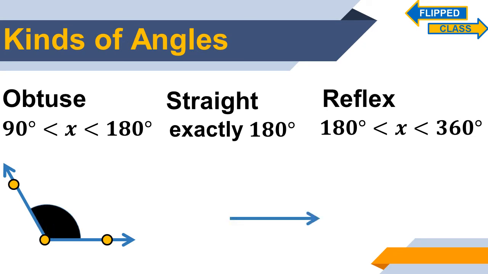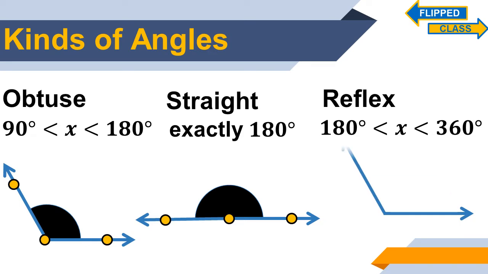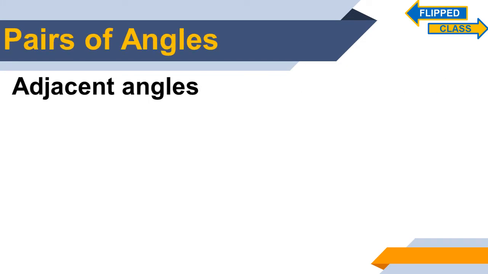A straight angle is an angle formed with two opposite rays in a straight line. And the reflex angle is between 180 degrees and 360 degrees with this figure. 360 degrees is also not possible because it is actually the whole circle. Let's start with the first pair of angles, the adjacent angles.